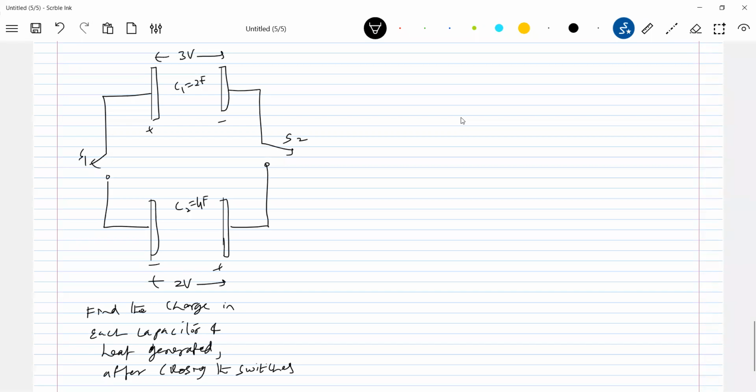Before that, we'll have the values. So the initial charge, how much is it? Let it be Q1. Q1 should be equal to C1 into 3, that is 6 coulombs. What was the initial charge in this capacitor? C2 into 4. C2 is 4, so 4 into 8, that is 8 coulombs. This was the initial charge.